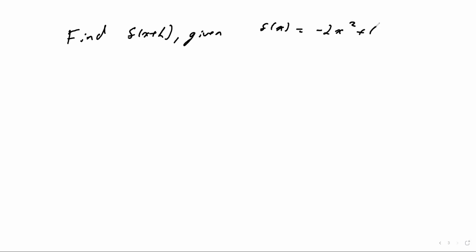If I asked you to find f of x plus h, I want you to find out what f of x plus h is given f of x is equal to negative 2x squared plus 6x minus 3.